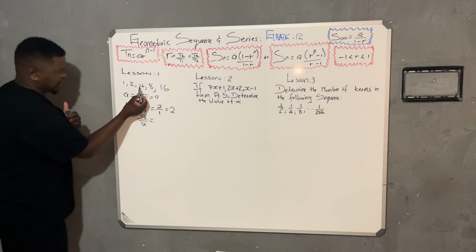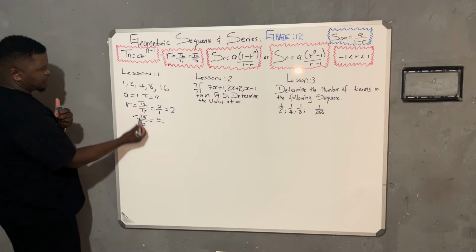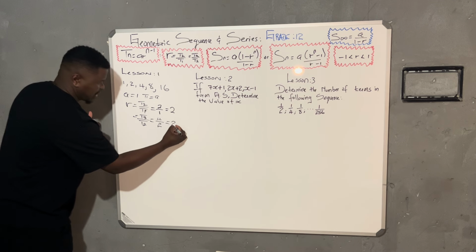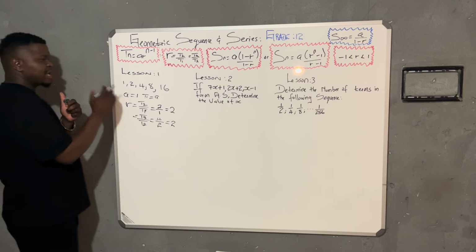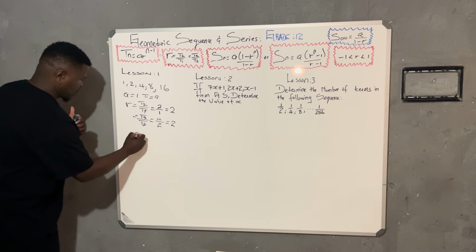Let's see, term number 3 there is given as 4. However, term number 2 is 2. Now, 2 into 4 goes twice. I'm still getting the same ratio. Hence, we call it constant ratio. It doesn't change. It remains the same across.